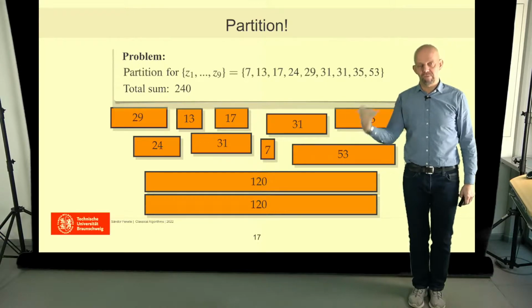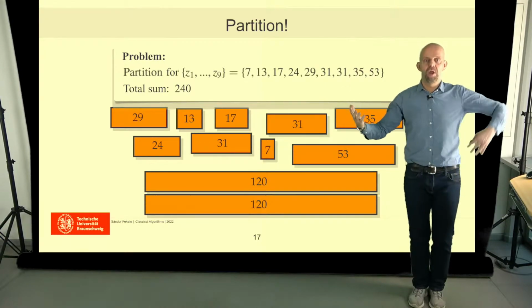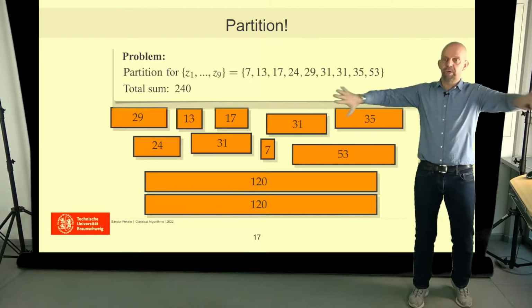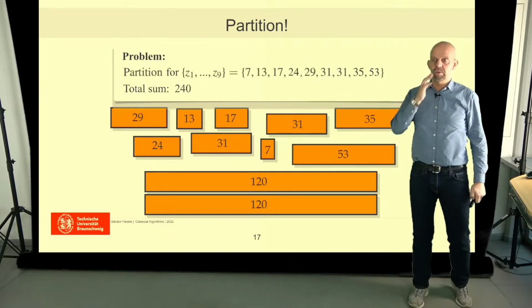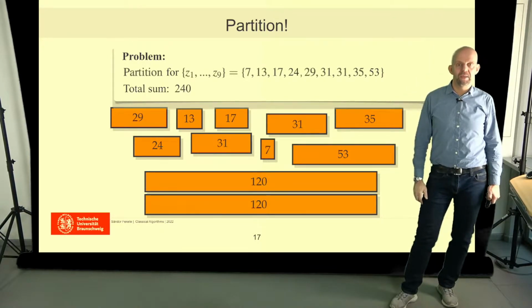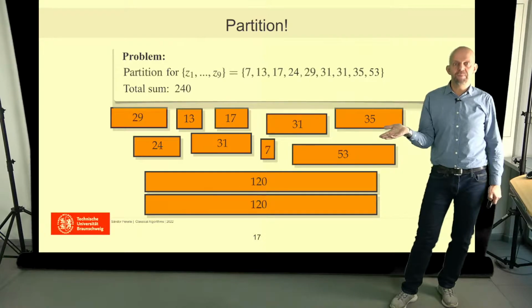And when you have one subset which is 120, the total sum is 240, so you know the complement is also 120. So you want to partition this into two things. So can you do this? And here the answer is yes, you can. Let me give you a hint.